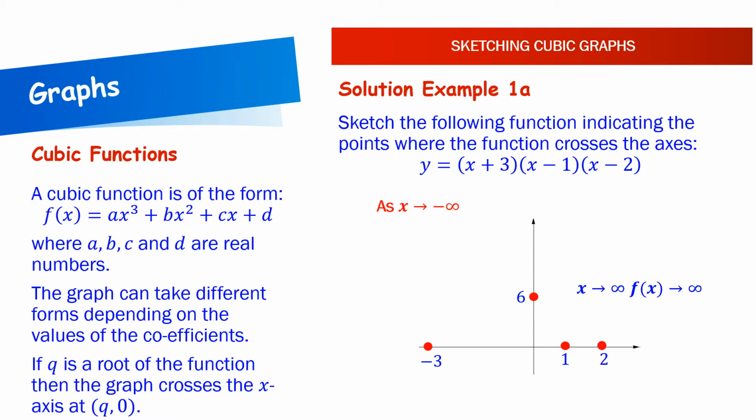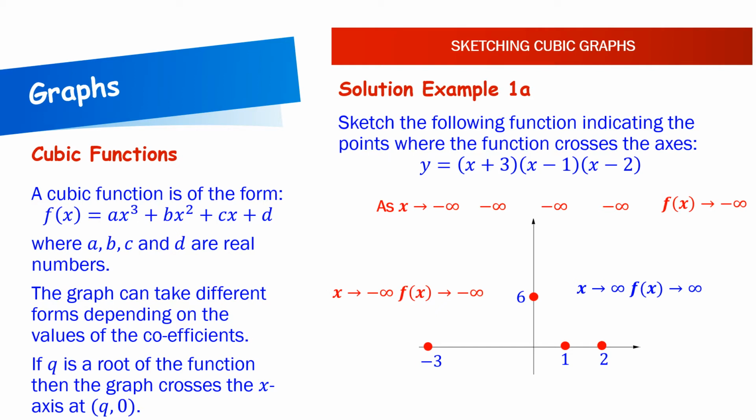As x tends to minus infinity, x plus 3 tends to minus infinity, x minus 1 tends to minus infinity, and x minus 2 tends to minus infinity. So when the three are multiplied by each other, we have that f of x, or y, also tends to minus infinity.